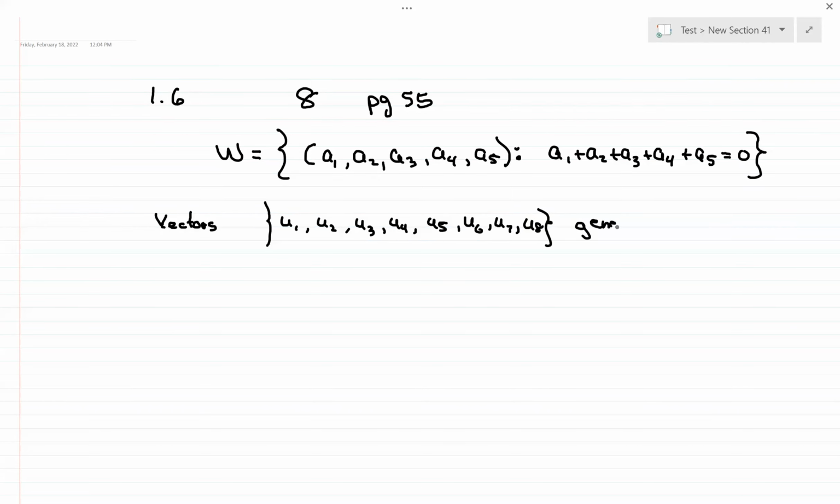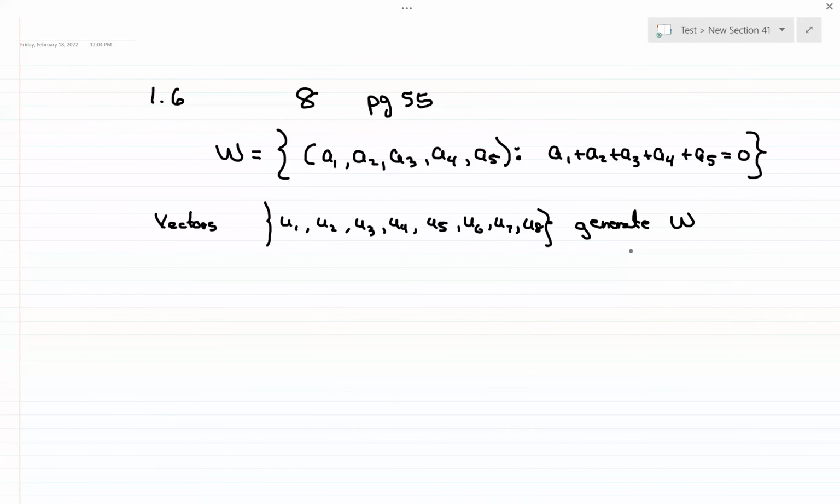You're told that they generate W. So if you take all linear combinations of these 8 vectors, that'll generate all the vectors in W. And that's just told to you. And then what do they want? Find a subset of this set that's a basis for W.